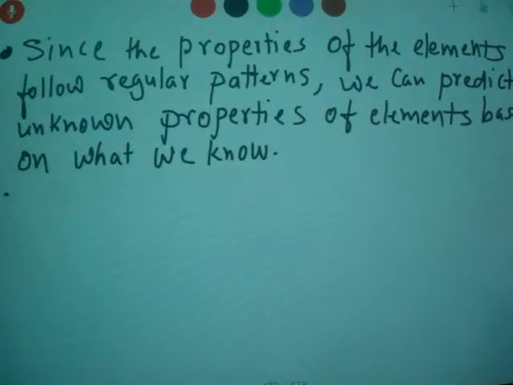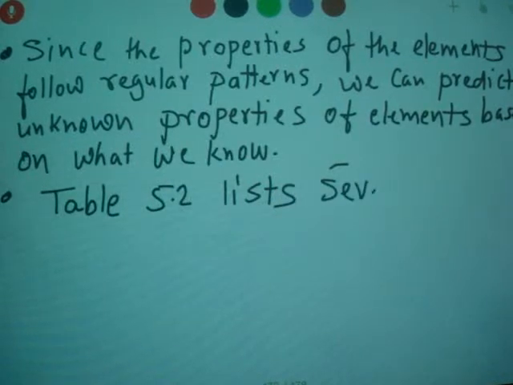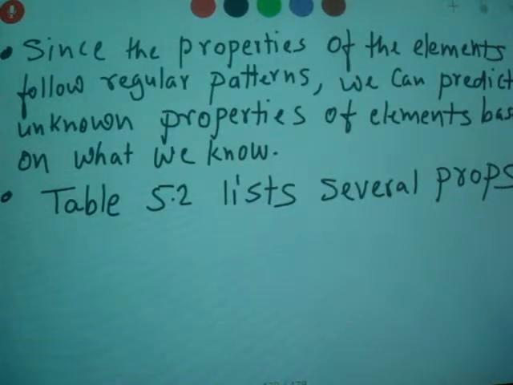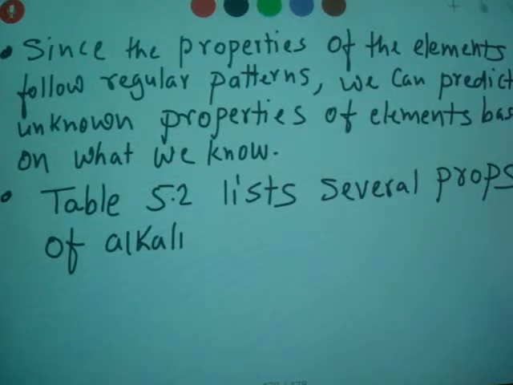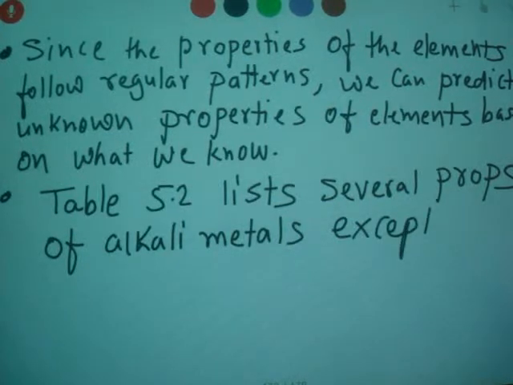So when you look at table 5.2, it lists several properties of alkali metals except francium, and then based on that we can predict properties of francium.